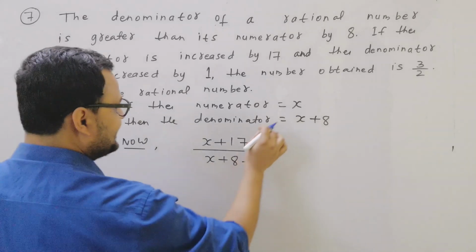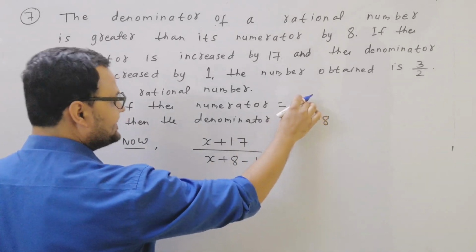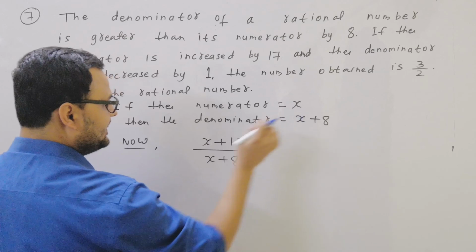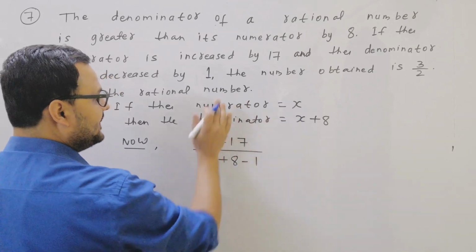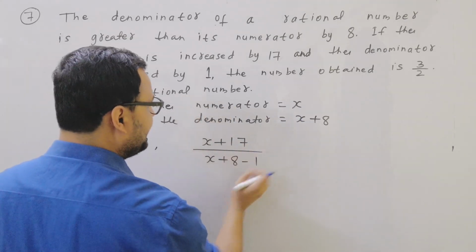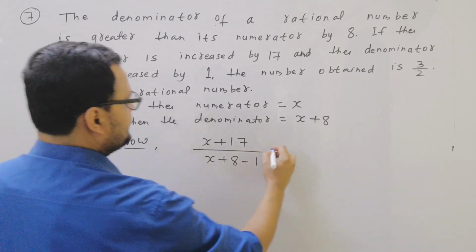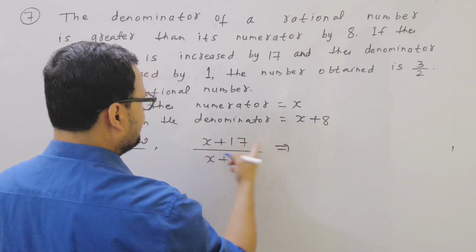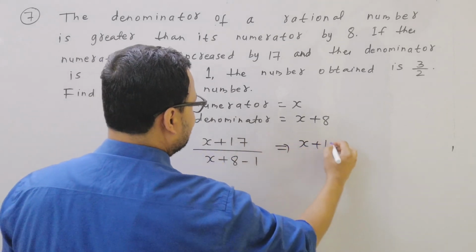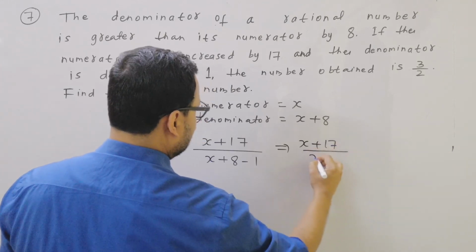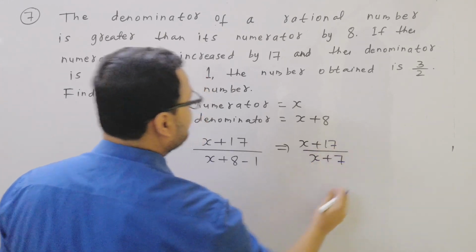We know this is the numerator and this is the denominator. So the numerator will be above the line and the denominator will be below the line. So now you get x plus 17 divided by x plus 7.